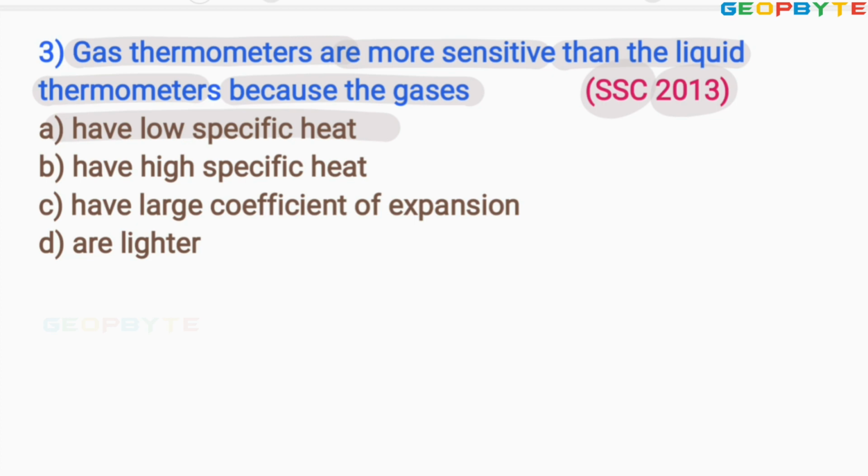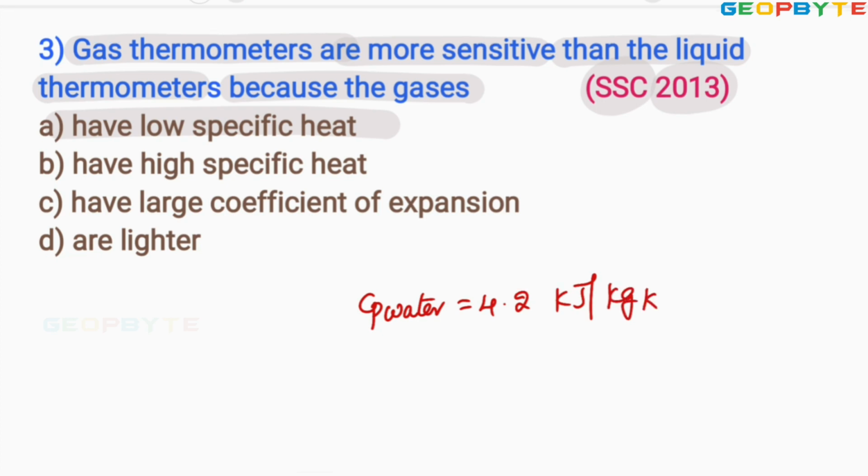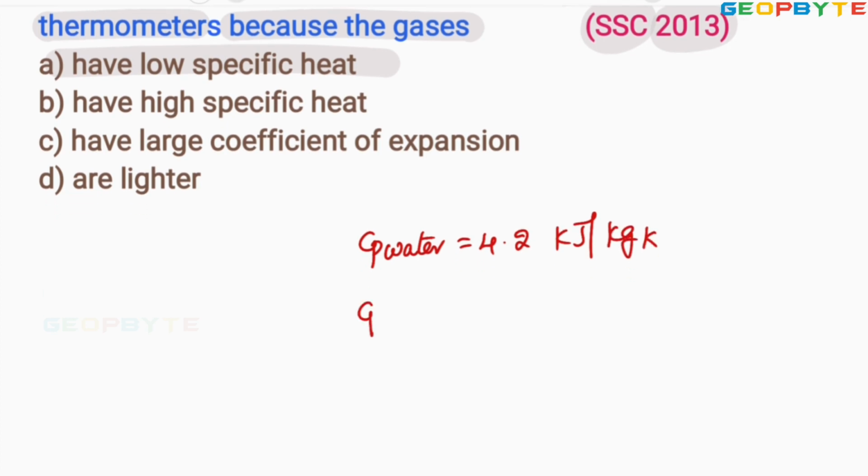Dear friends, remember the specific heat of water is around 4.2 kilojoules per kg Kelvin, whereas specific heat at constant pressure for air is equal to 1.005 kilojoules per kg Kelvin.